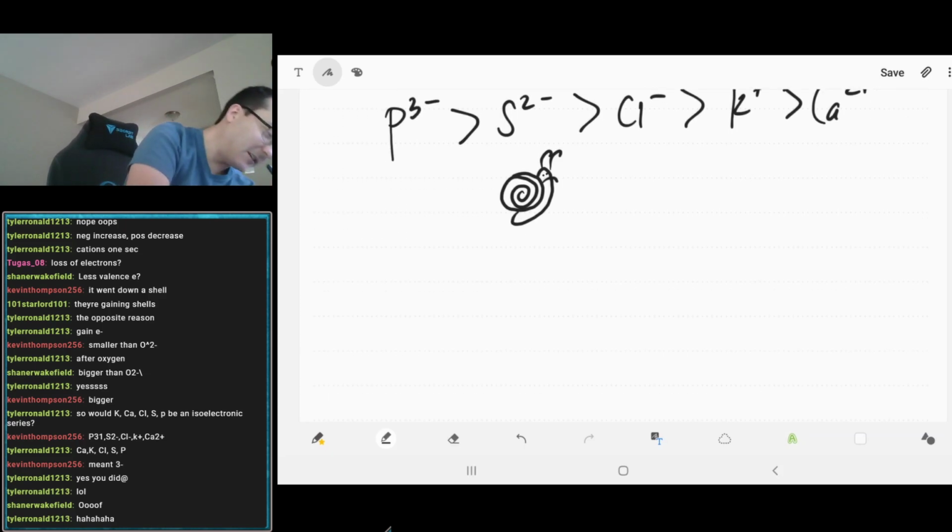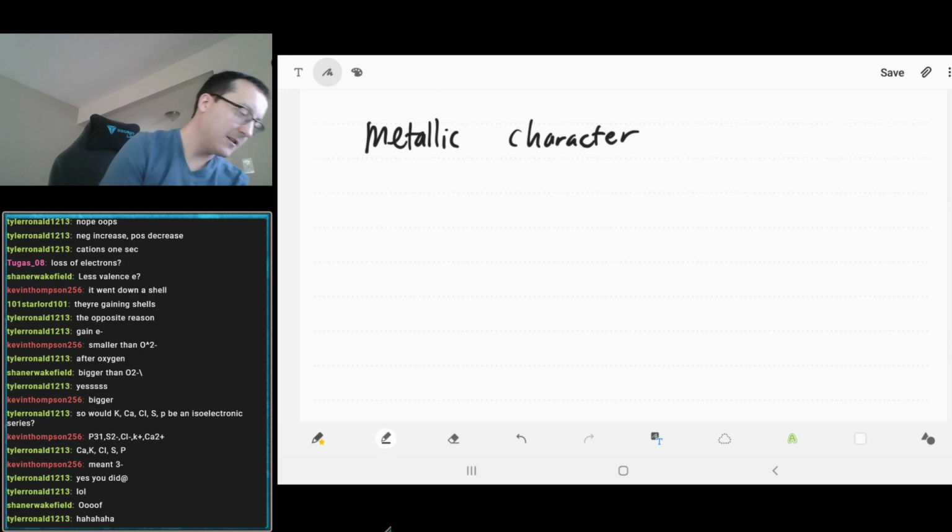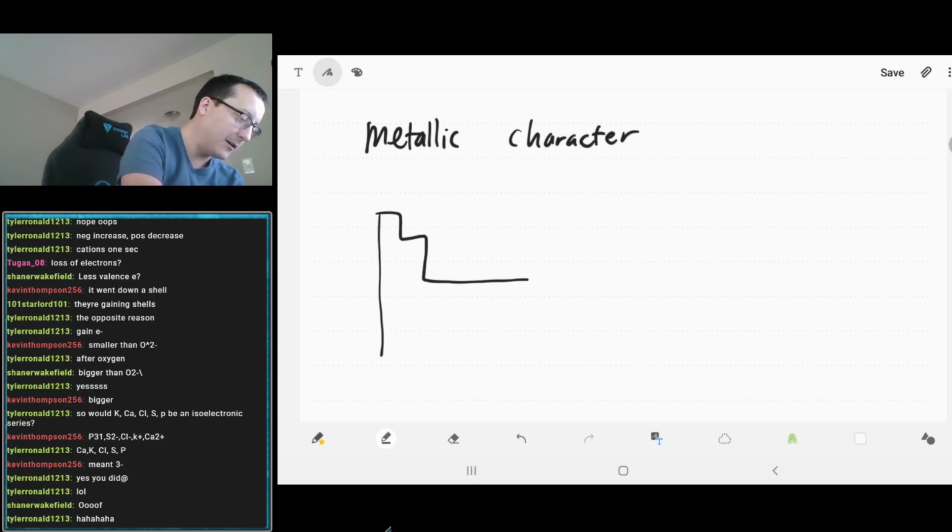We have more trends to talk about. Metallic character. How exciting. Where are our metals on the periodic table?